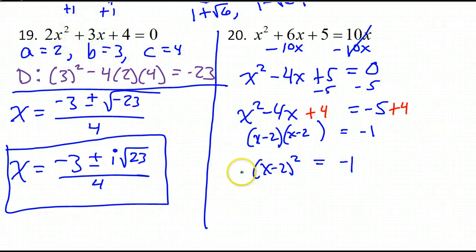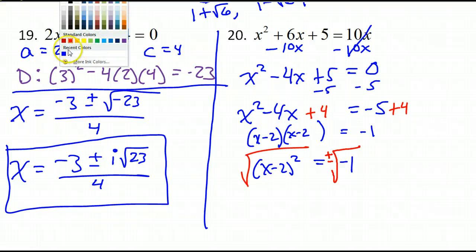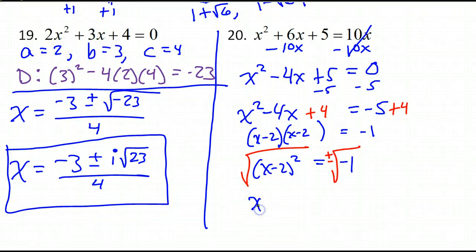That means I've got x minus 2 squared is equal to negative 1. So I take the square root. Do not forget your plus or minus. So that's going to give me x minus 2 equals plus or minus i. Just put i, please. i is defined as the square root of negative 1, and here I have the square root of negative 1. Please just know that that's i.